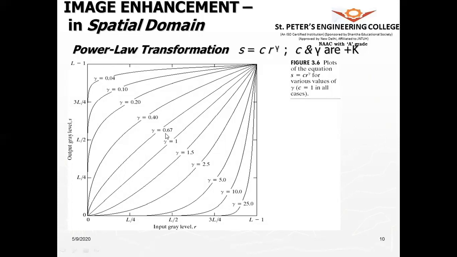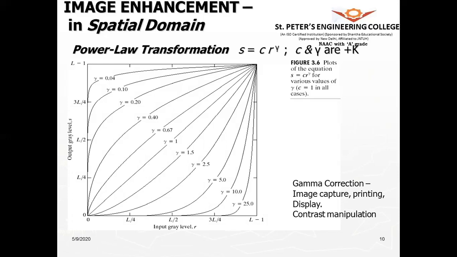And as we decrease gamma to less than 1, we can see that the compression or the stretching happens this side. Similarly, as gamma increases, there are variations this side. We will see what happens if gamma takes lesser values or if gamma goes on increasing. Let us consider the two scenarios.